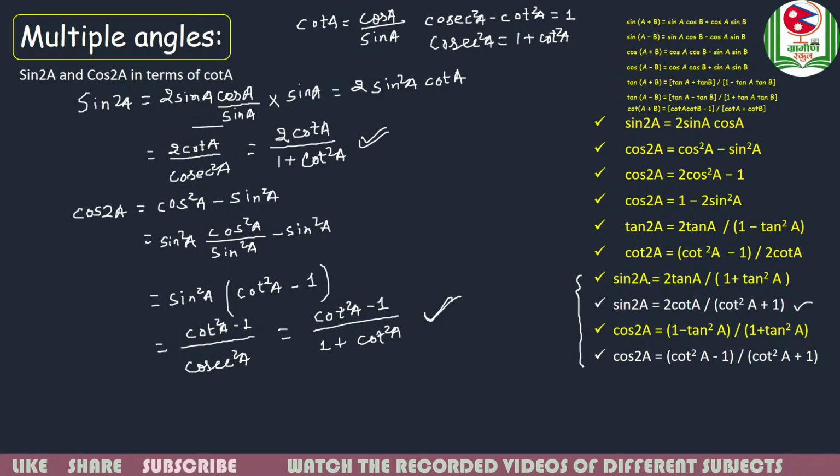If we express this sin 2A in terms of tan A, then the numerator is 2 tan A. If we express this sin 2A in terms of cot A, then the numerator is 2 cot A. And the denominator is 1 plus tan square A, but in the case of cot, the denominator is 1 plus cot square A. But in case of cos, what is the numerator here? The numerator is 1 minus tan square A in form of tan, but in form of cot, the numerator is cot square A minus 1.